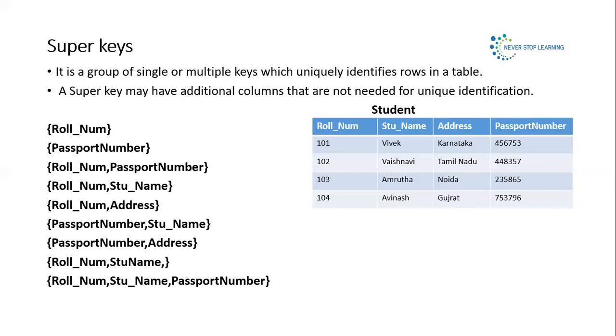But if they combine with some attribute which has unique numbers, then we can take them into consideration. So if student name combines with roll number or passport number, then it makes a unique combination, so we can consider them as a super key.